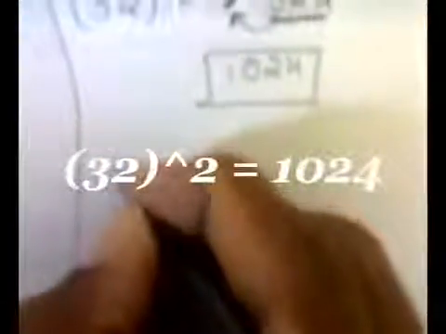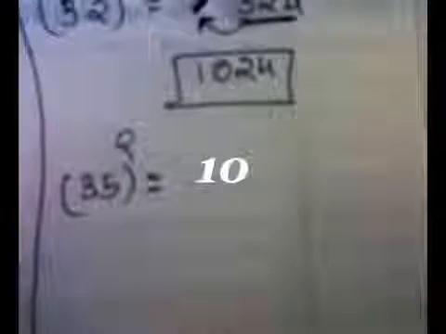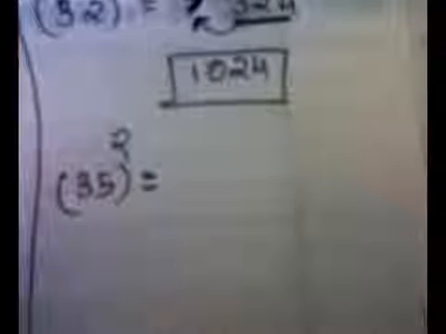Now try to calculate this in your mind without using a pen. Say 35 square. Now your time starts now. I hope you got it. Now we'll try to calculate without using a pen. Okay, so 35 is how much away from 25? It's 10, so the first 2 digits will be 10, correct. Now 35 is how much away from 50? It's 15, correct, and 15 square is 225.